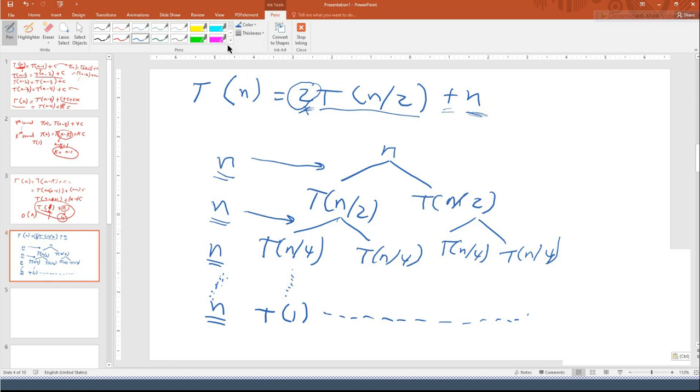See, in the first level, level 0, we have n divided by nothing, by 1, so 2 to the power 0.